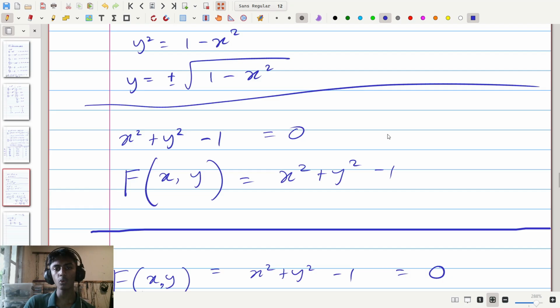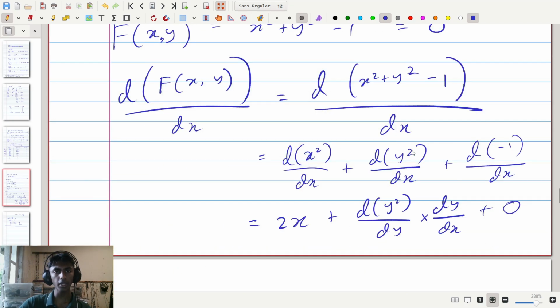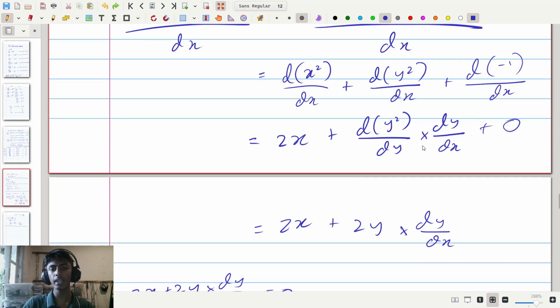Only thing is that we might run into circumstances where we cannot take the derivative immediately because we don't know how to do it. In this case, we couldn't find the derivative of y squared with respect to x because we didn't know the relationship of y and x directly. But we can take an indirect approach and use the chain rule here to turn y relative to y and then y relative to x, like this.